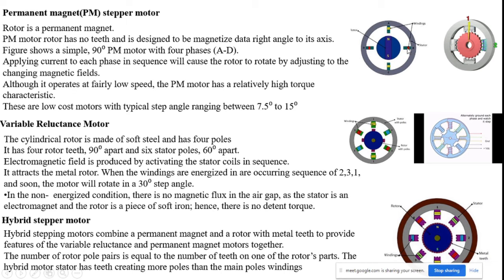So if I give the pulse to the ABCD phases, the rotor makes a rotation inside the windings. Because of this applied current, the magnetic field is changed, so with the change of magnetic field, the rotor rotates inside the phases.